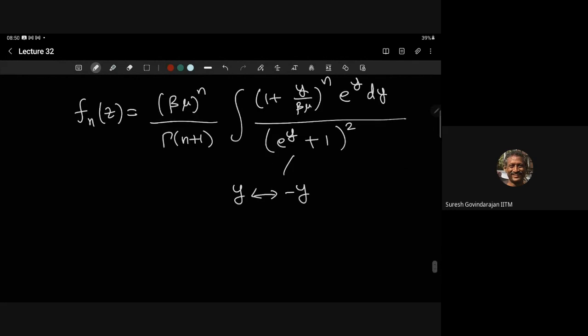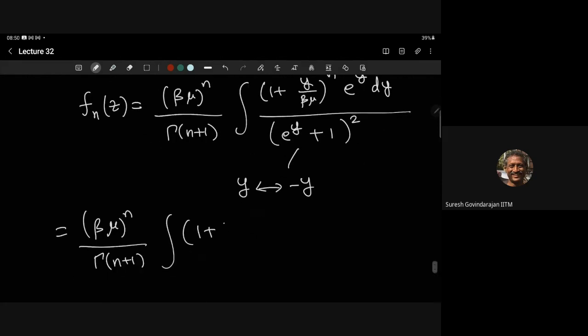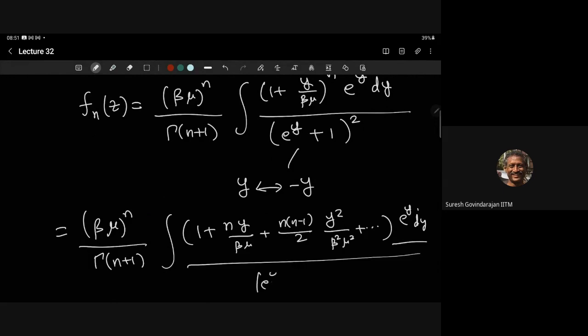Because of that, you can write this as beta mu to the power n divided by gamma of n plus 1, times the integral of, now I can do a binomial expansion: n y by beta mu plus n into n minus 1 by 2 y squared by beta squared mu squared plus dot dot dot, times e to the power y dy, divided by the same denominator. Because of the evenness argument, the linear term will drop out. The integral is 0.